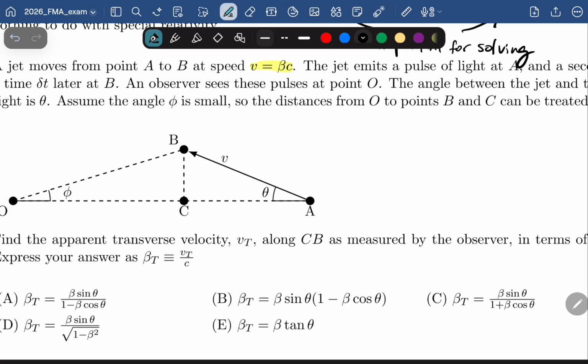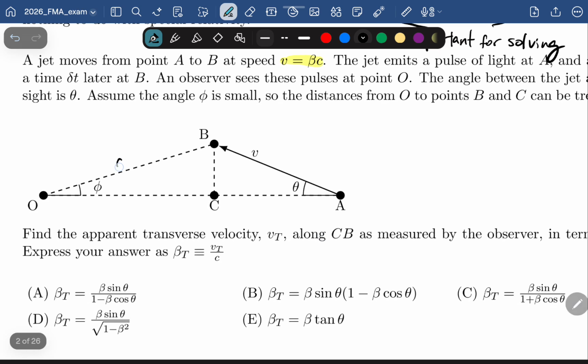But first we can find some distances. Let OB be d, which means OC is also d by small angle approximation. I'll just say less than 1 degree. BA, what is this distance?